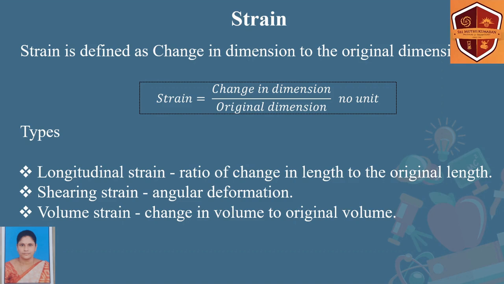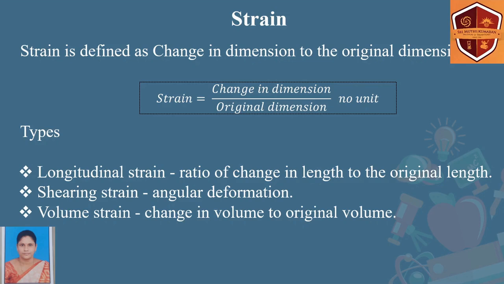And then strain. Strain means the change in dimension from the original dimension. The formula for strain is strain equals change in dimension divided by original dimension. It has no unit. There are three types of strain: longitudinal strain, shearing strain, and volume strain.